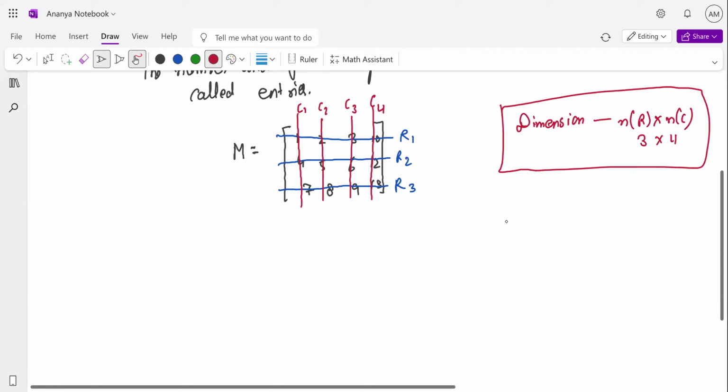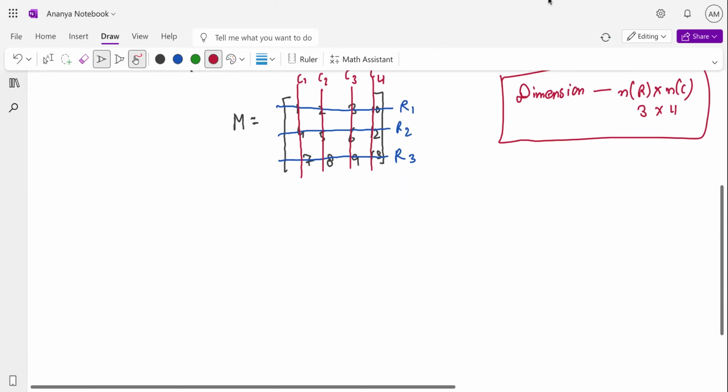Fine. Let's move next and check something. So this is the basics of your matrix, right? Yes, sir. Now, if you see row and column, a row is basically your horizontal arrangement.